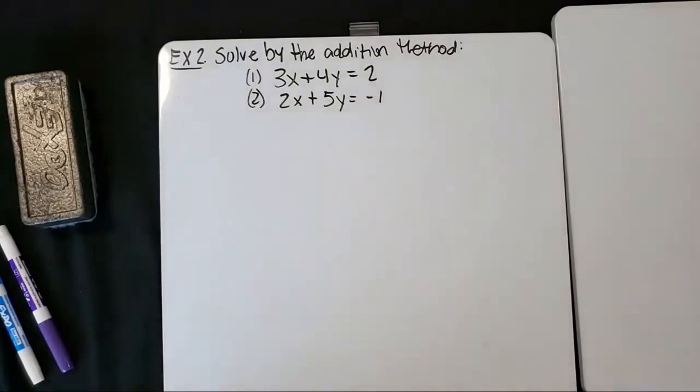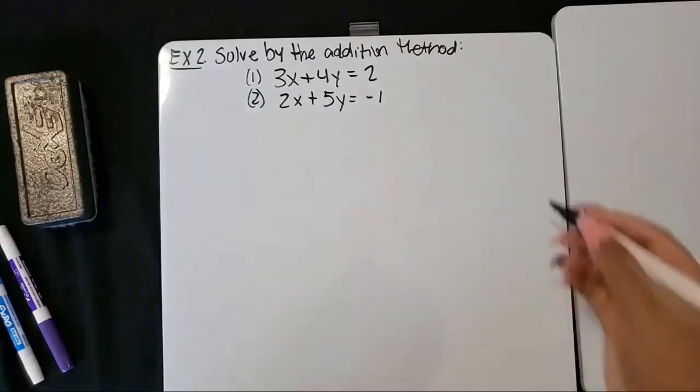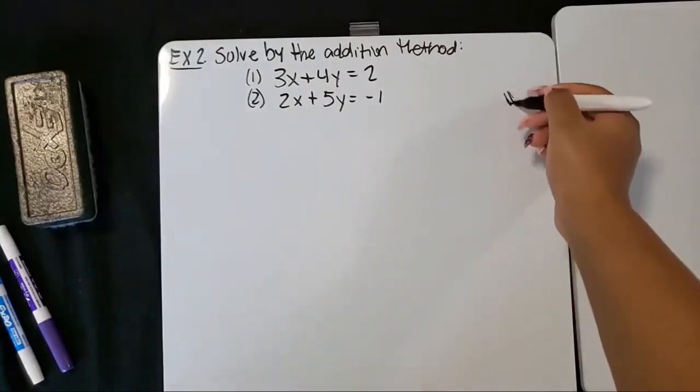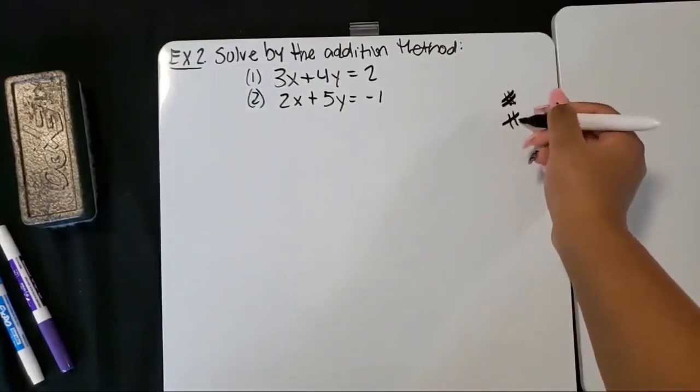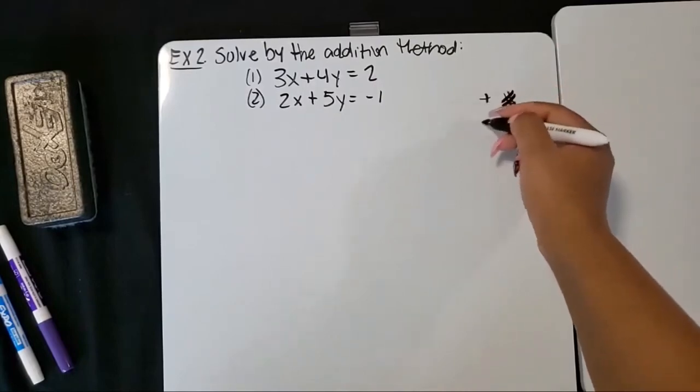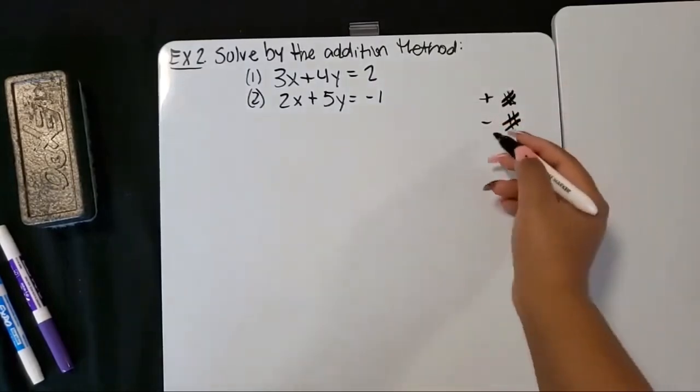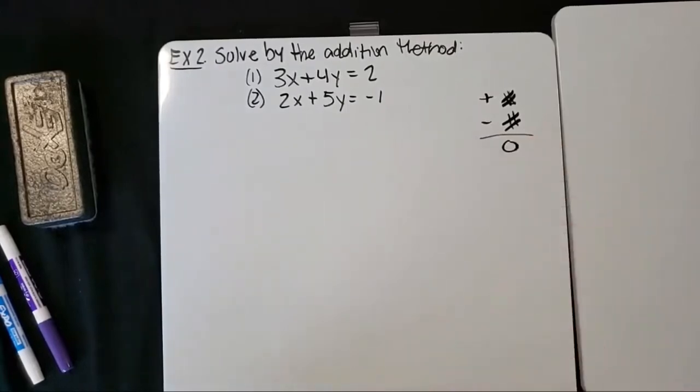So if we look at the x's, and remember, in order for it to eliminate, it has to be the same number, but one has to be positive and one has to be negative. That's how we can get it to eliminate.